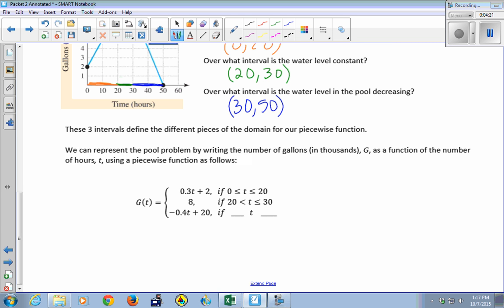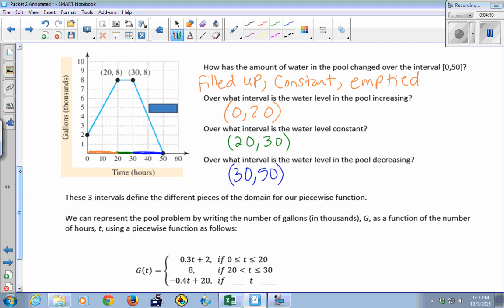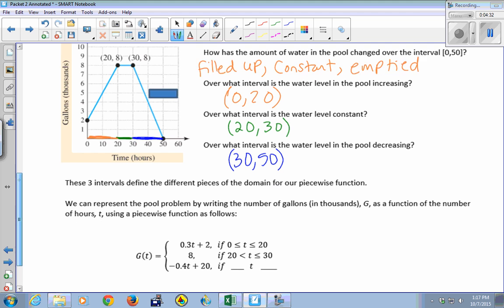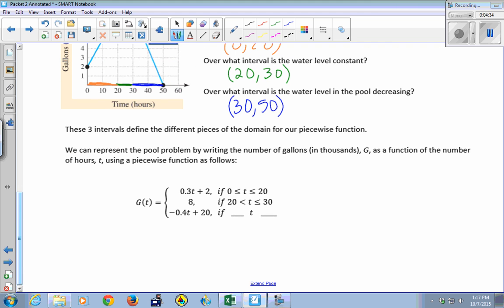And this is our standard notation for a piecewise function. You put G of T equals and then one big curly bracket. And I've got 3 different pieces to this function, and I write them so I have 3 different formulas, right? And these are the 3 formulas that we came up with together in the preview exercises, right?